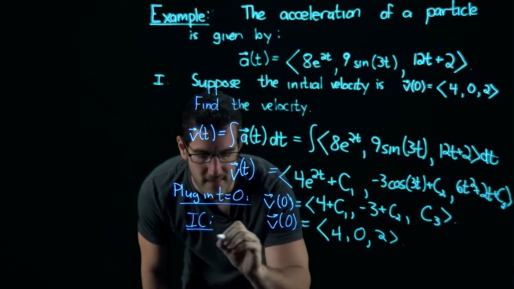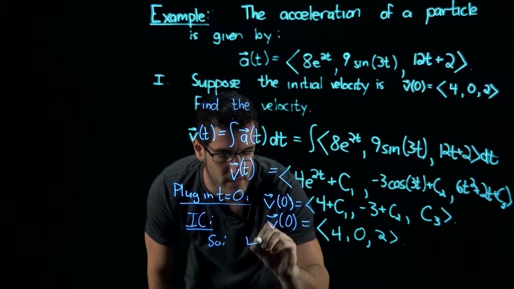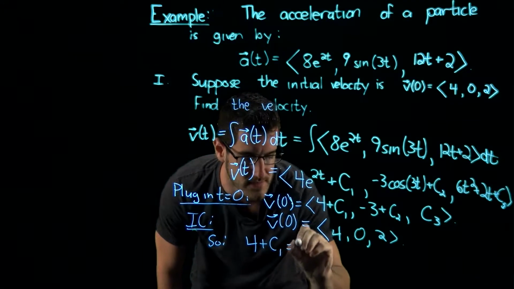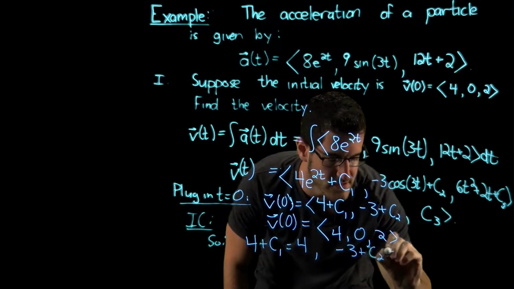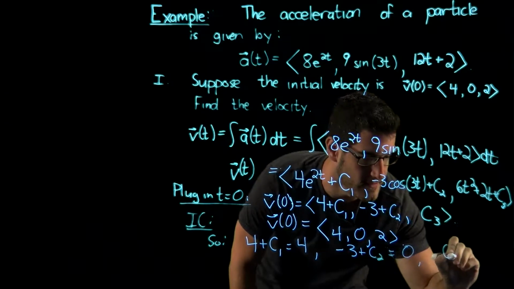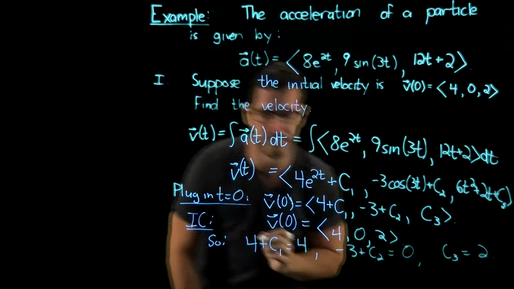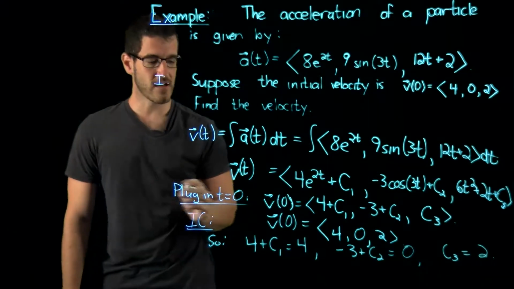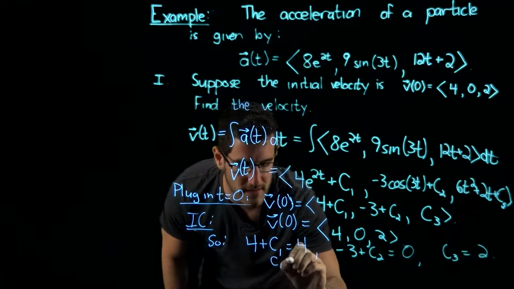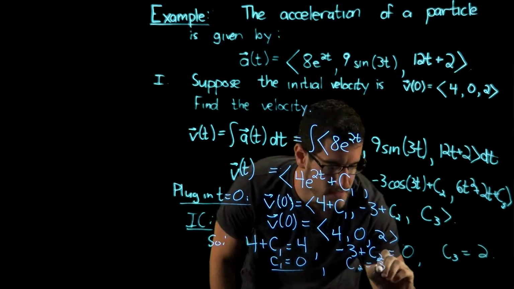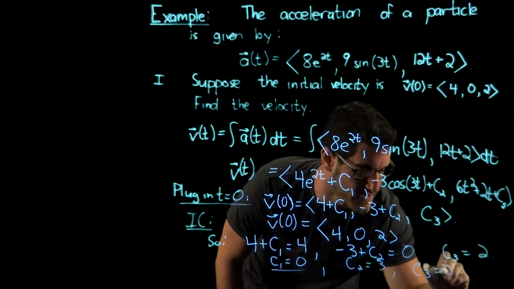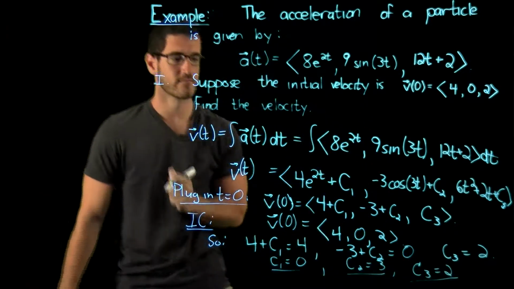So this tells me that 4 plus c1 is supposed to be equal to 4. Minus 3 plus c2 is supposed to be equal to 0. And c3 is supposed to be equal to 2. So this allows me to say that my c1 is 0. My c2 is 3, and, well, obviously my c3 is equal to 2.